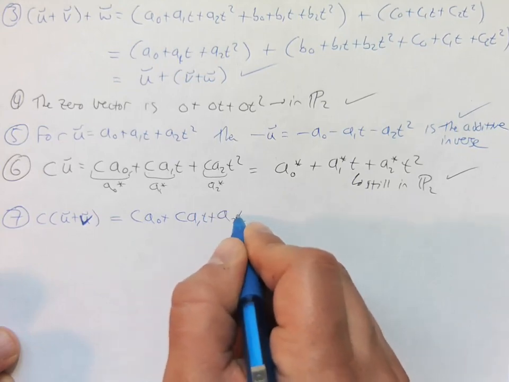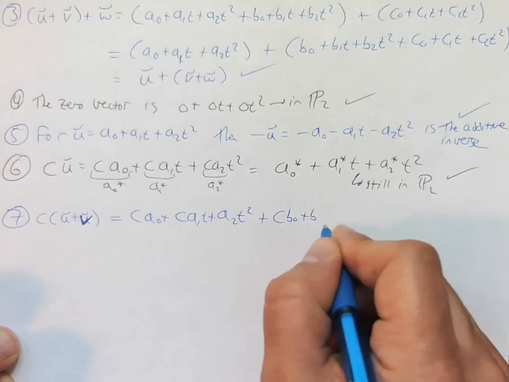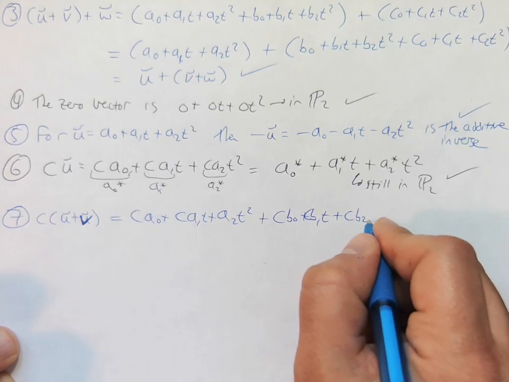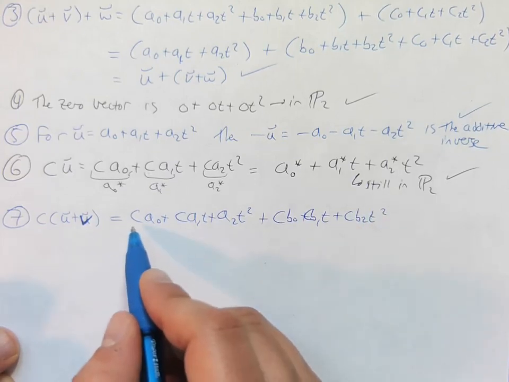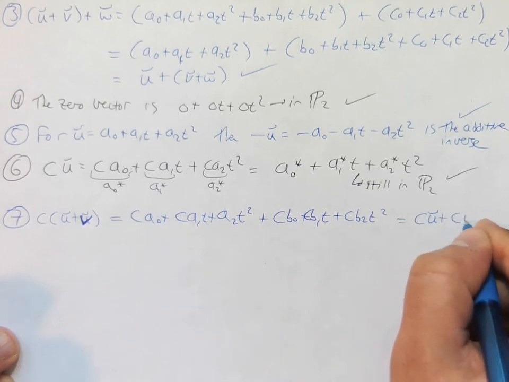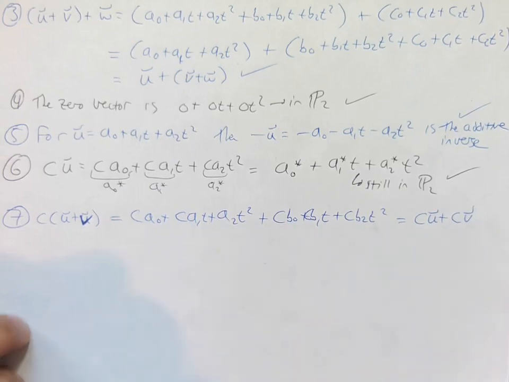We distribute the c to both elements. Should be a c there. And then just group them separately and show that this is actually cu plus cv. Right, we would factor the c out of each one first, and then group them like that. But I'm running out of space here, so hope you see what I mean there.